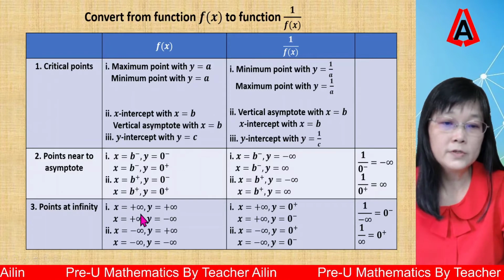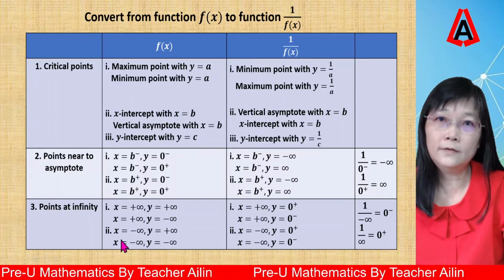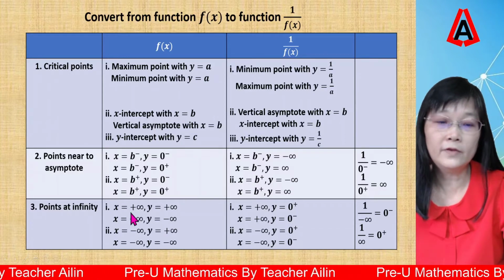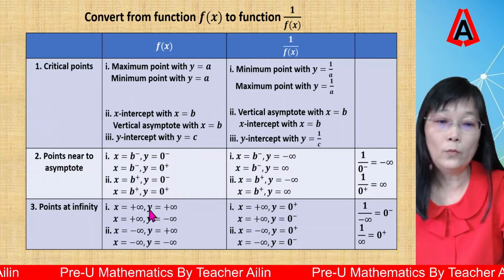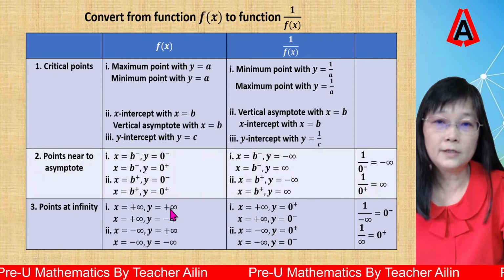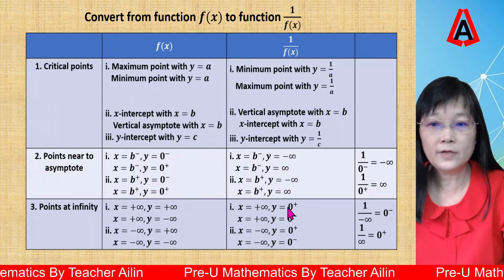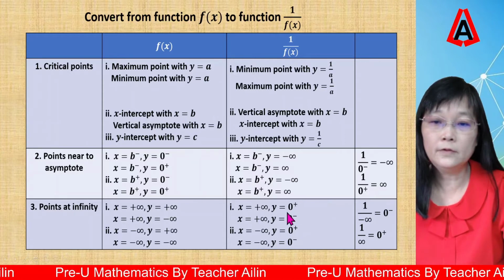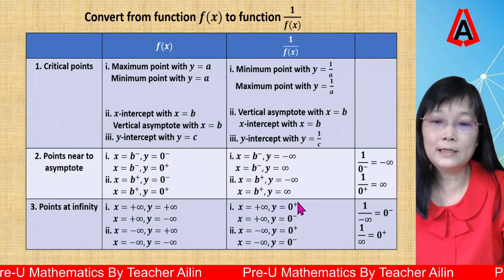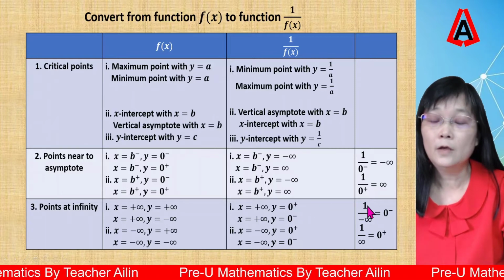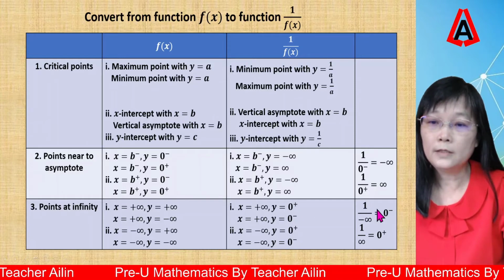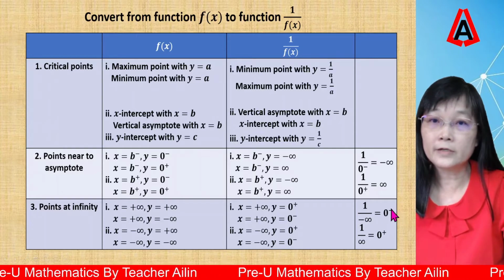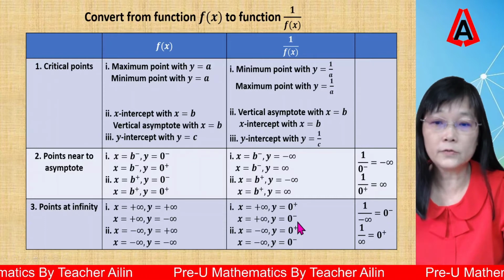Either x is positive infinity or negative infinity. So when x is either positive infinity or negative infinity, and y is infinity, when converted to the reciprocal function, this value of y will become a value approximately 0, because 1 divided by a very big number gives a very small number approximate to 0.